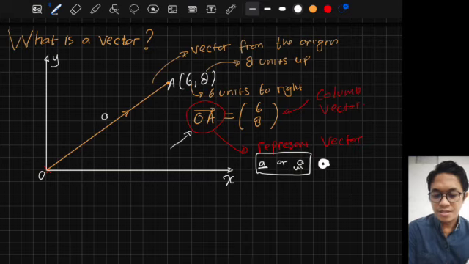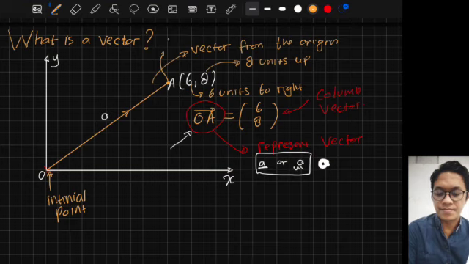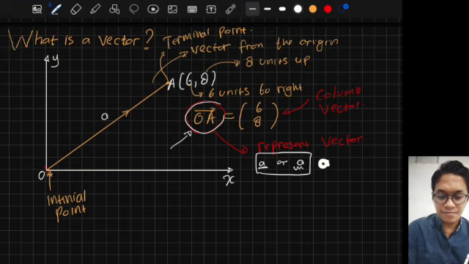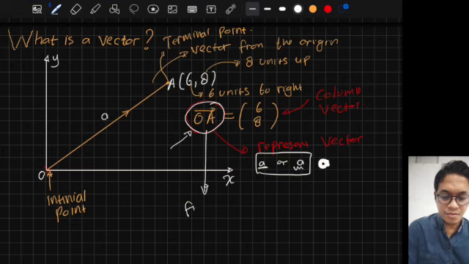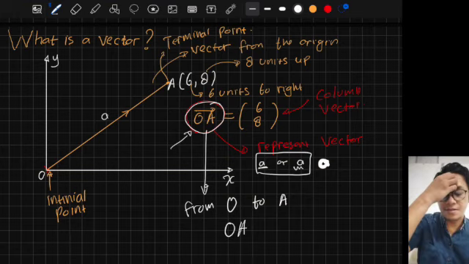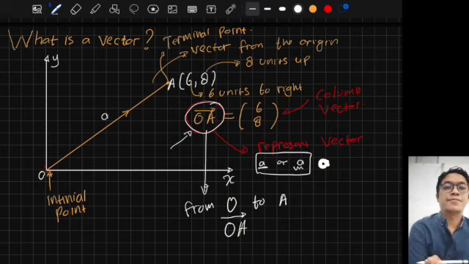Speaking of which, the origin is called the initial point, and the A here is called the terminal point. This vector represents the direction from point O to point A, so that's why we write OA with a line on top, from O to A.